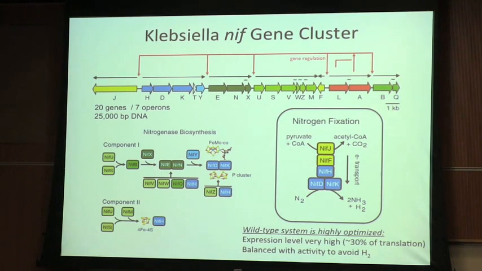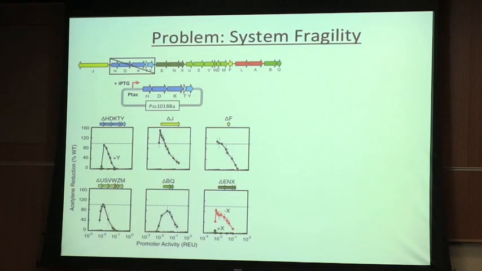And so one of the first things that we did is we went into this system and we wanted to look at how sensitive it is to changes in the expression levels of the individual component proteins. And so we performed a series of experiments like the ones I'm showing here, where we would go into the native gene cluster and knock out either an individual gene or a small set of genes, which we then would complement back onto a plasmid so that we could sweep those genes through expression levels and look at the impact on the activity of the system.